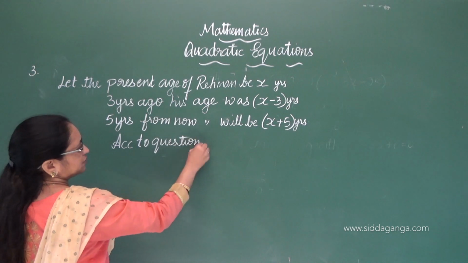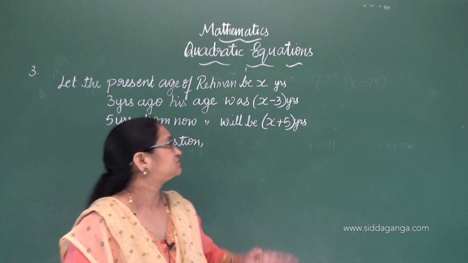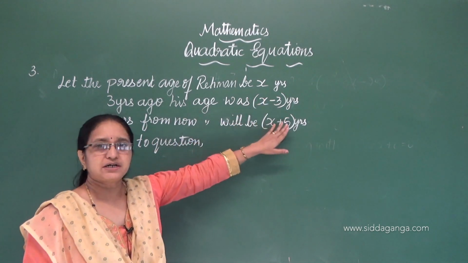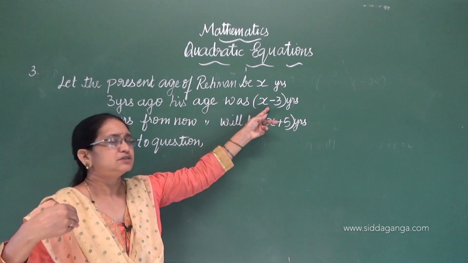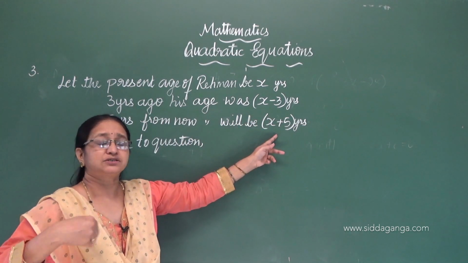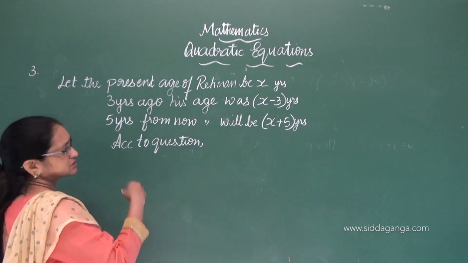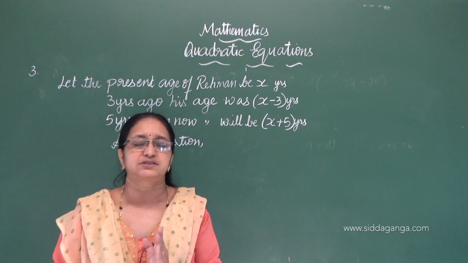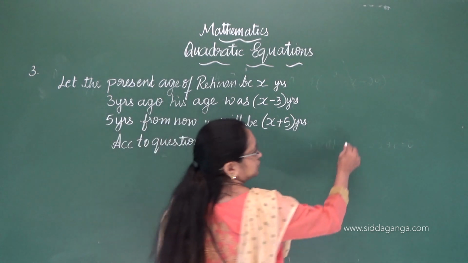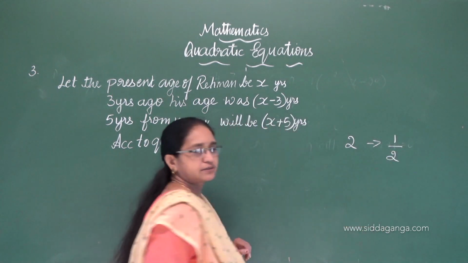in the question they have given the sum of the reciprocals of these two. This is the age 3 years before, and this is the age after 5 years. Okay. So now the sum of reciprocals, I hope you know the meaning of reciprocal. See, the reciprocal of 2 is 1 by 2, like that. Okay.